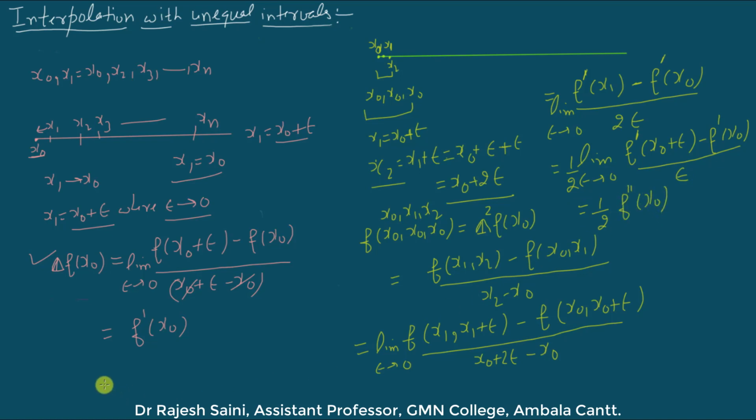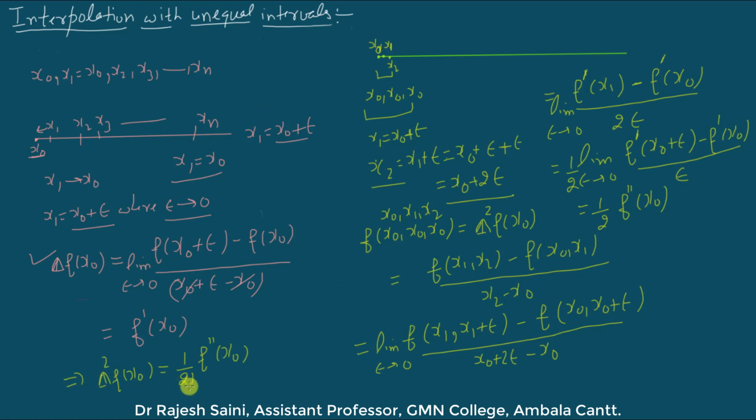So this implies that the divided difference of second order when the first three arguments are equal is equal to 1 by 2 factorial f double dash x naught. Similarly, we can define an nth order divided difference when all the first n plus 1 arguments are equal. What will be its value?